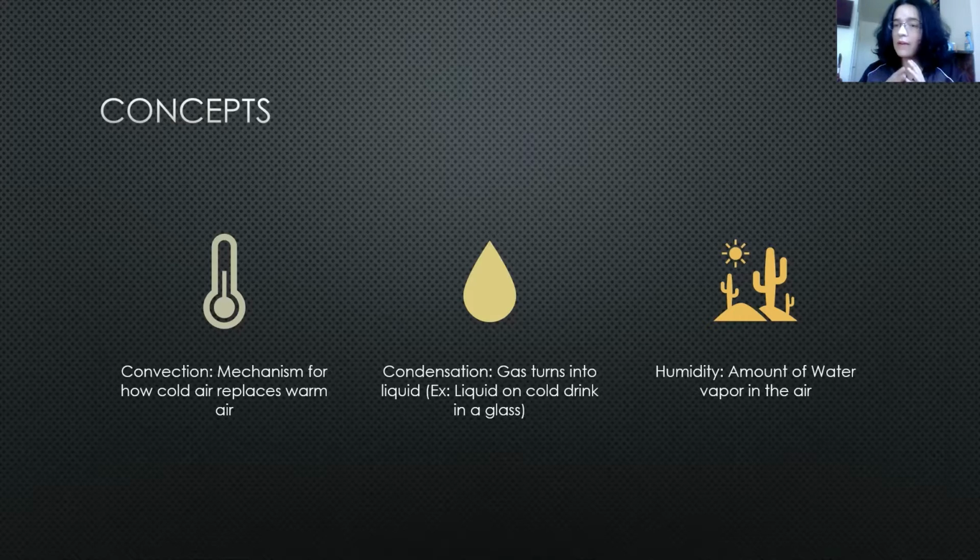An example is when you have a cold drink with ice in a glass container, and you see what looks like water on the outside. That is condensation. And that cloud of air shown in the cold air is the condensation of the gas being turned into a liquid form.